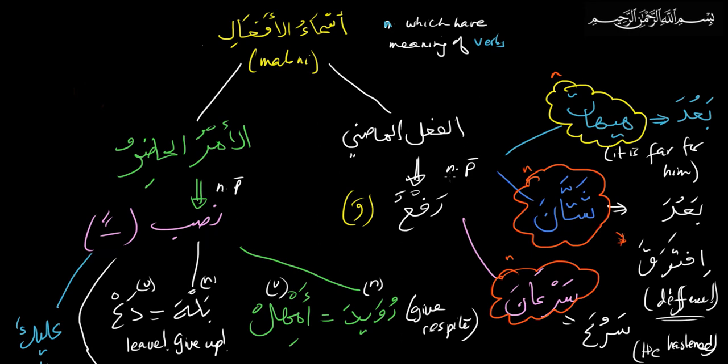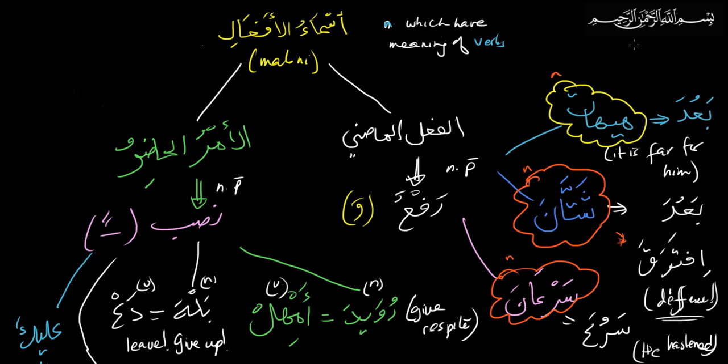An example of fi'l madi is hayhata, which means ba'uda: far it is from him to do something like that. Or shattana, which means ba'uda or iftaraqa, a difference there is, as in shattana bayna alim wa jahil. And sar'ana, which has the same meaning as saru'a, he hastened. These are all nouns that have the meanings of these madi words.